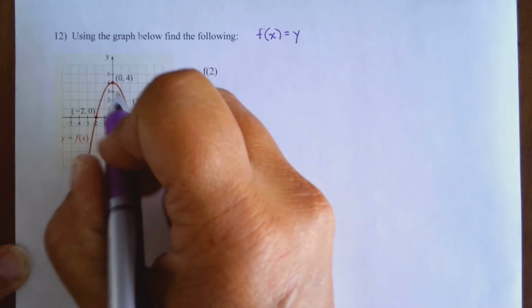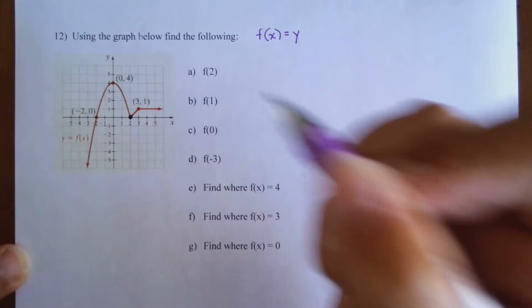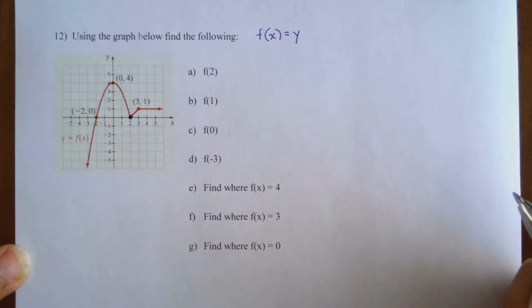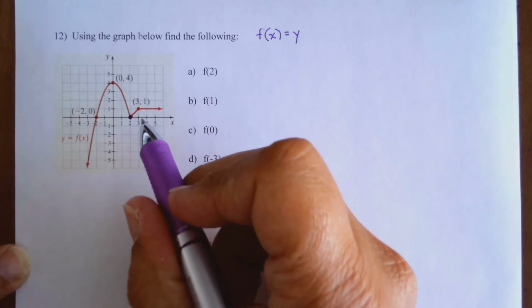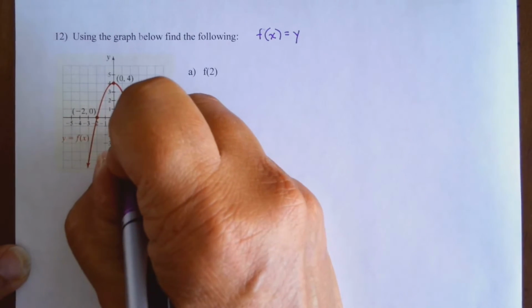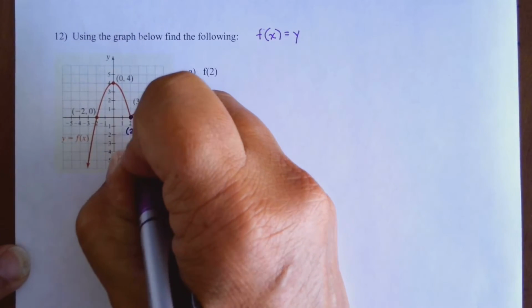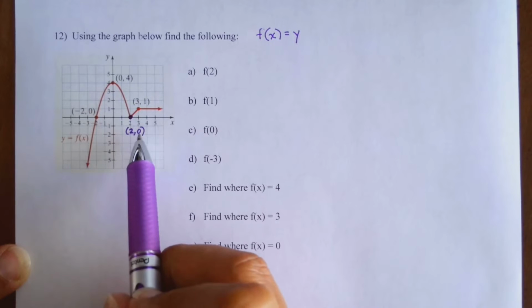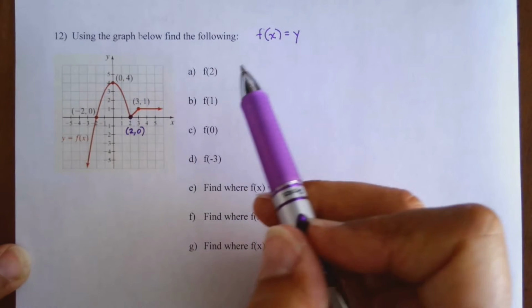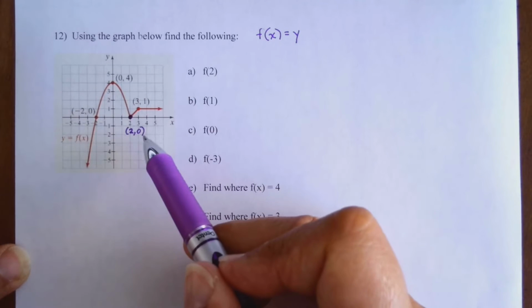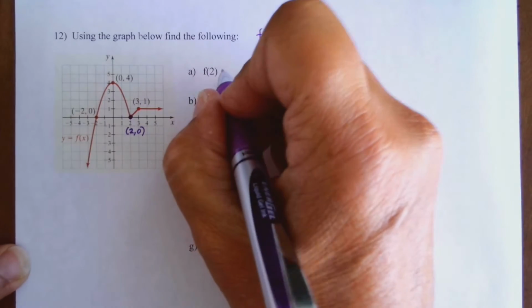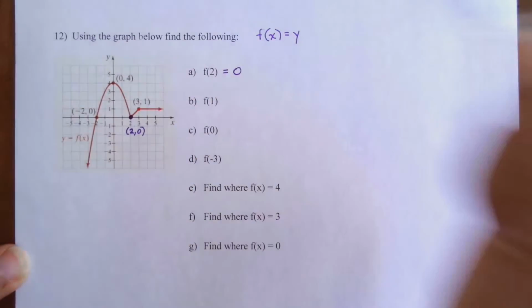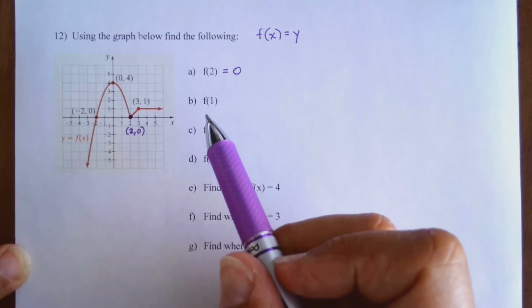So if I look at that, that would be this point right here. Okay? And if you wrote that ordered pair down, that would be the point 2, 0, right? X is 2, y is 0 of that point. So if you're asked to find f of 2, then that's asking you to find the y value when x is 2, so that would be 0.